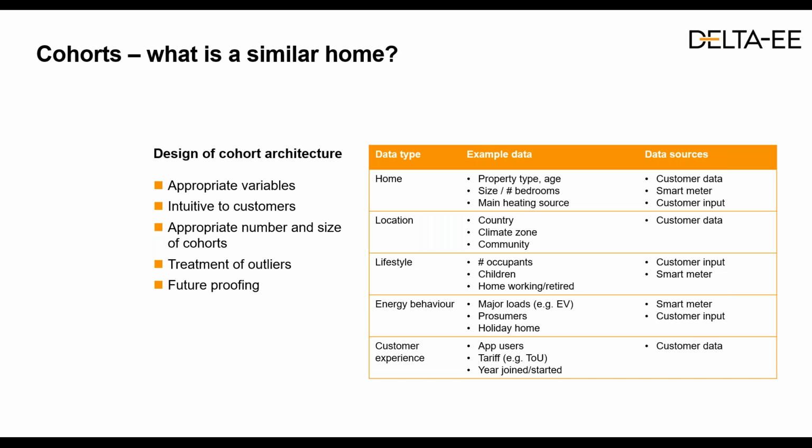All those things can often be difficult to get from smart meter data or customer data the energy company holds, and therefore it is reliant on customer input. So really it's this blend of data points from different data sources that usually feeds in as the input to cluster analysis to determine the right number and size of those cohorts.